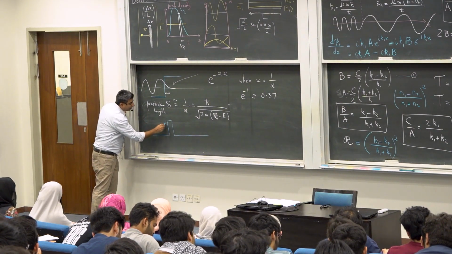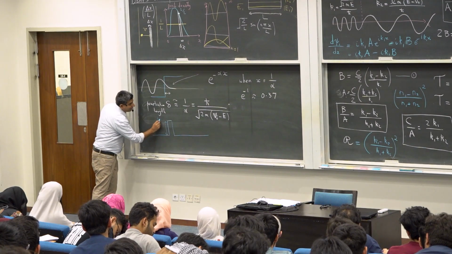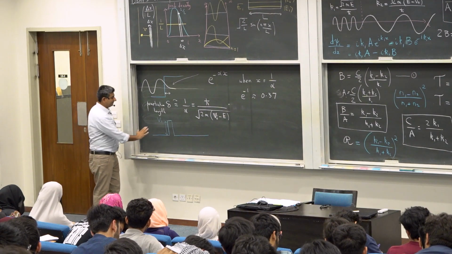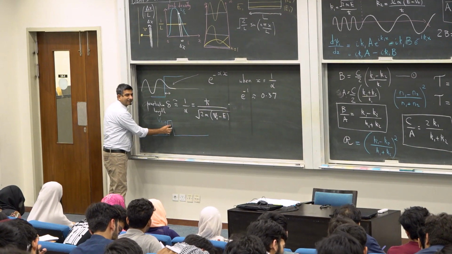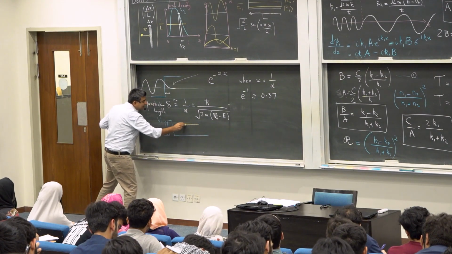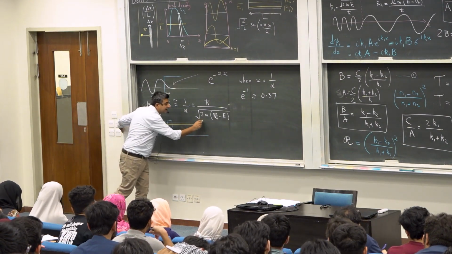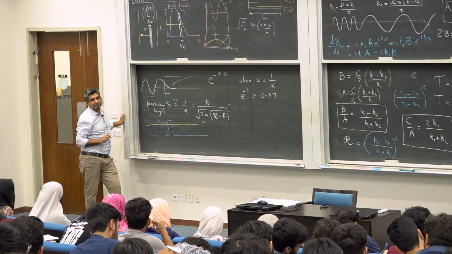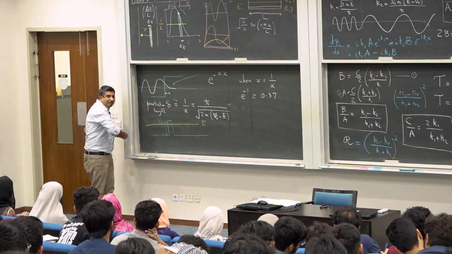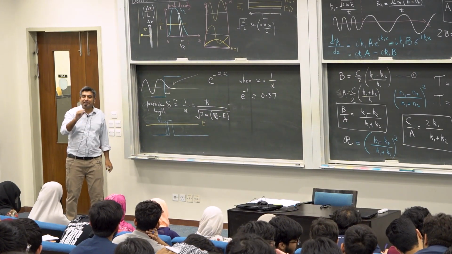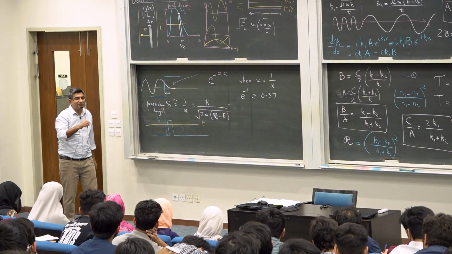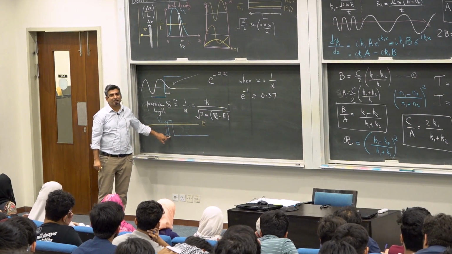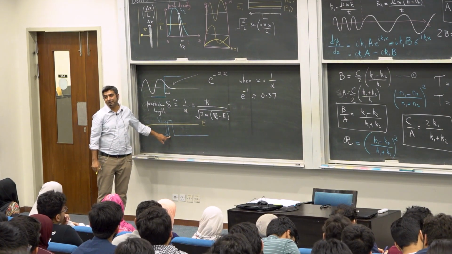Now this is my V naught, and I have 3 regions now. My total energy, suppose, is less than V naught. This is my total energy. Now there is not enough energy. A particle is coming in from the left. There is not enough energy for the particle to go beyond and be found in this region, because it cannot overcome the potential barrier, because this is really high.